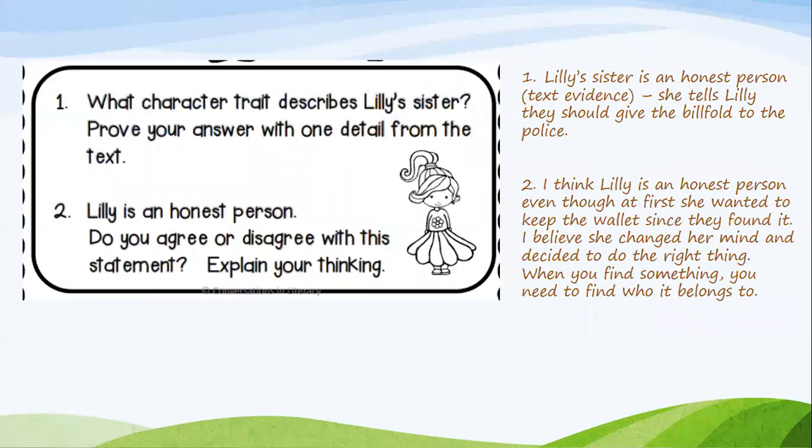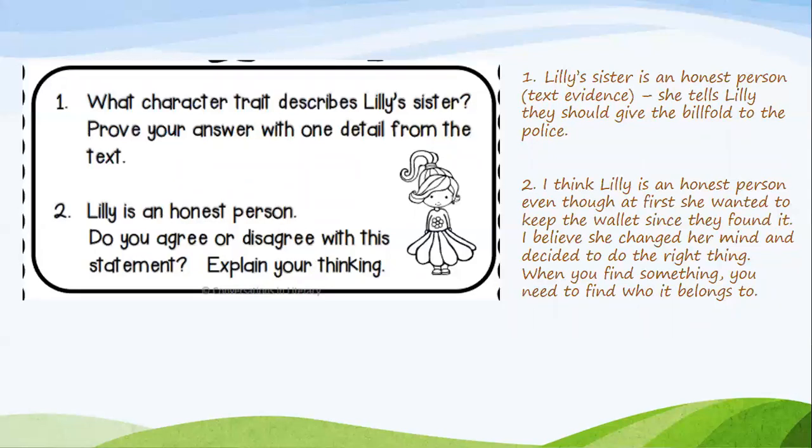Okay, so number 1, what character trait describes Lily's sister? And I put down that Lily's sister is an honest person. Well, what was my evidence? What made me draw this conclusion? Well, from the text, she does tell Lily they should give the billfold to the police. That is what an honest person would do. Okay? And then number 2, Lily is an honest person.